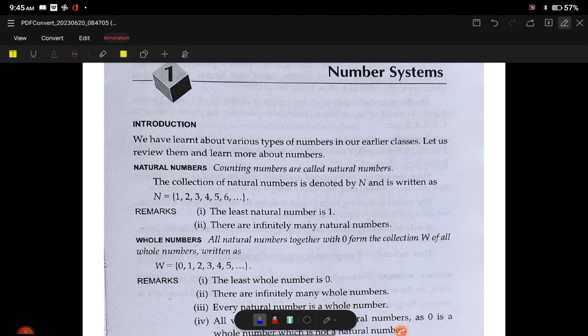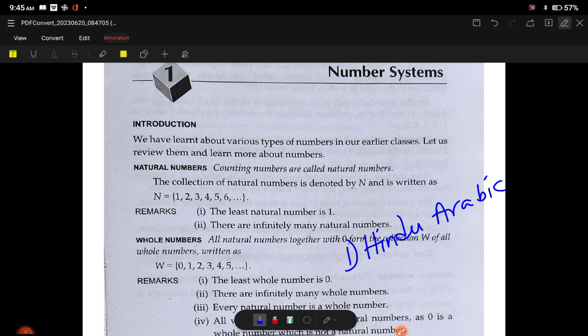I told you that if we see the number system, there are mainly two types. One is the Hindu Arabic number system, and another is the Roman numeral system.